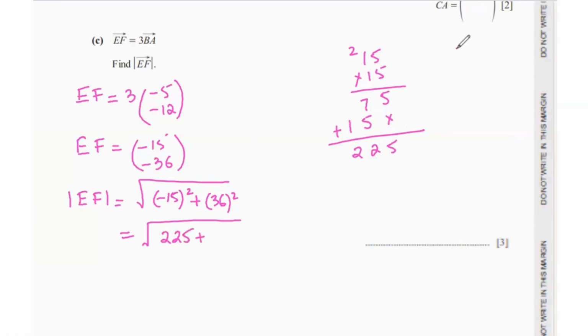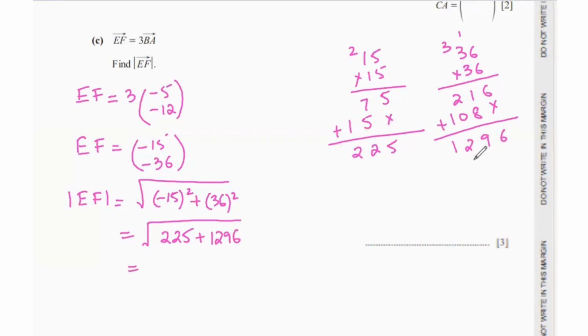And 36 squared is going to be 36 times 36, which is 1296. Now we add them up. So plus 225, that's 1521. Square root of 1521.